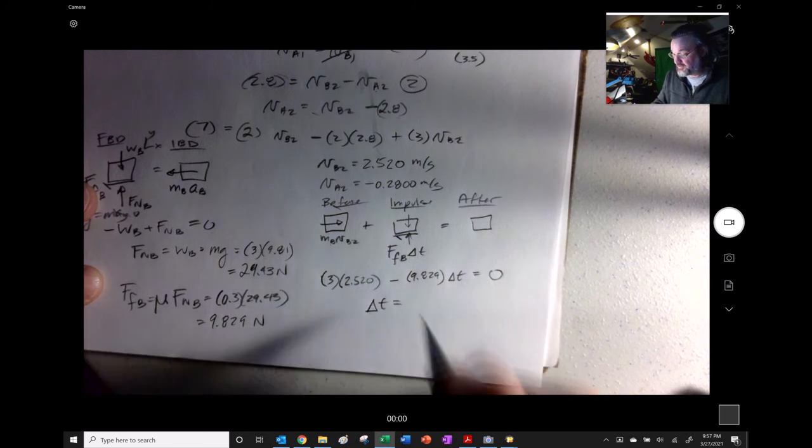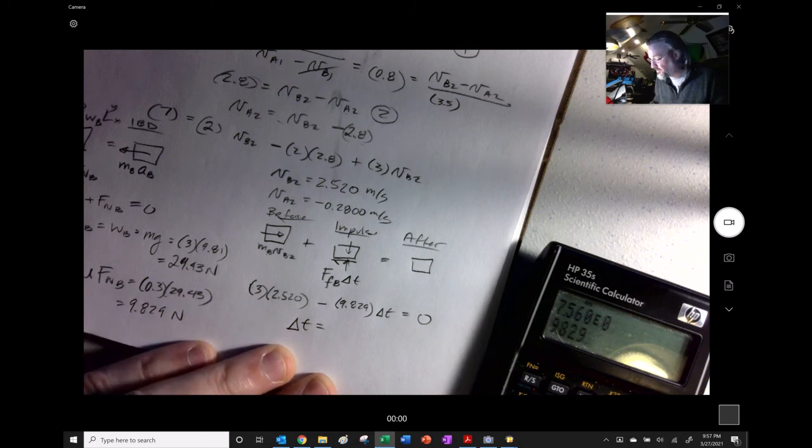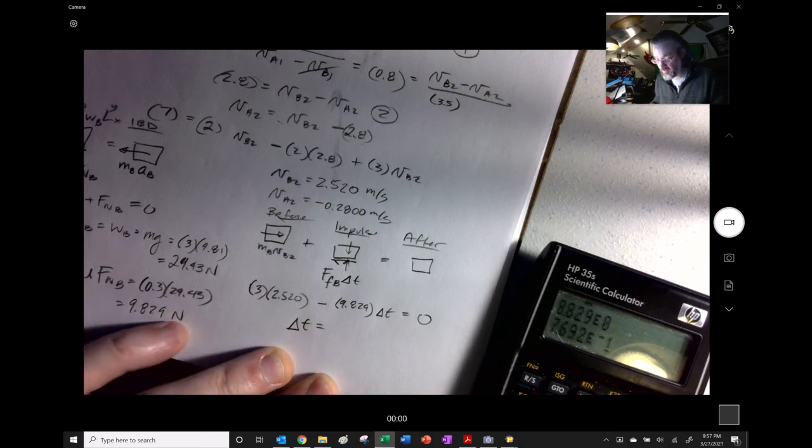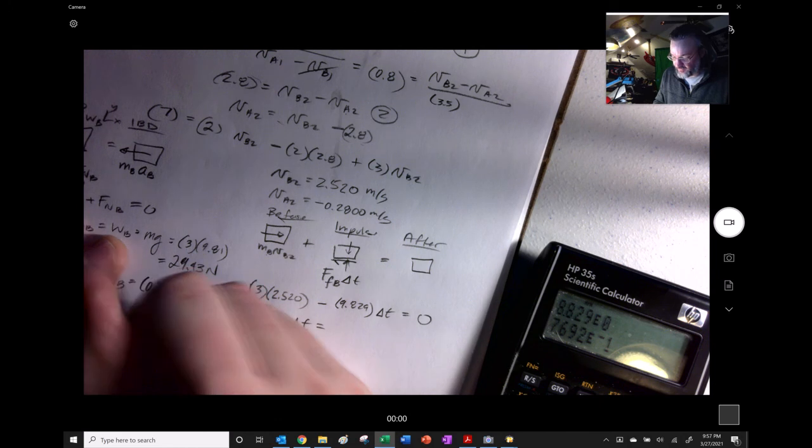So I get a delta t. I guess I'll put the numbers in. I'm a little leery about, yeah, I just wrote this wrong. I don't know why I wrote that wrong. I'm a little dyslexic. Feeling a little dyslexic.